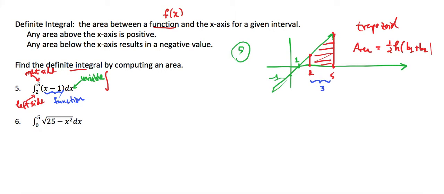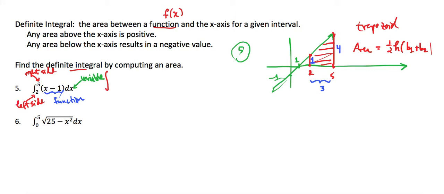This first length right here, this first red line segment, we can calculate by plugging in 2 into the function. So when we plug in 2 here, we get a value of 1. So this first base right here is 1. And the second base, we plug 5 into the function, and we get this length must be equal to 4. Okay.